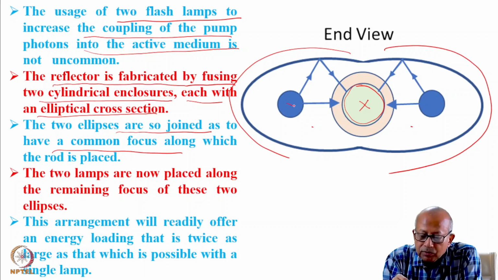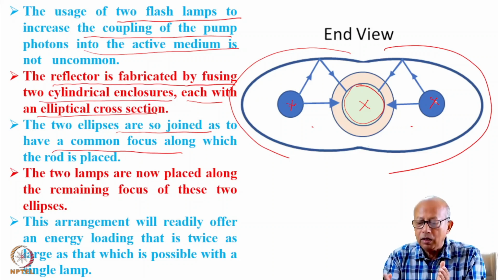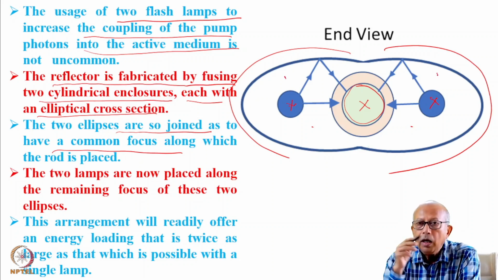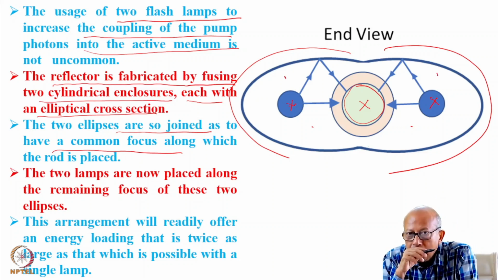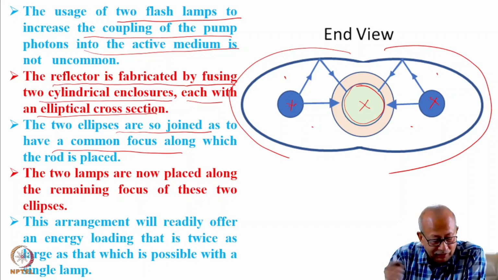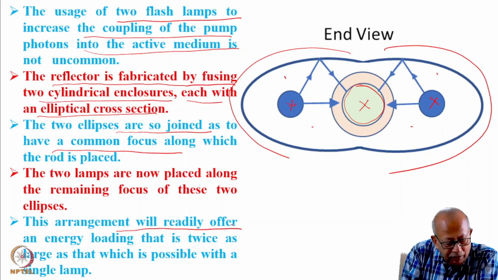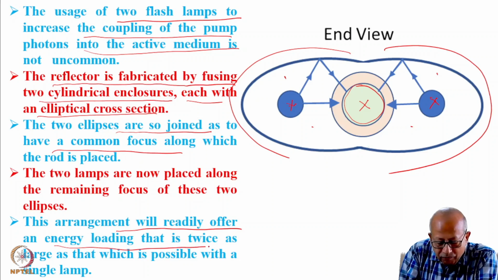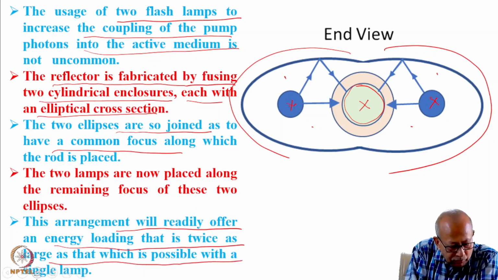The two lamps, these are the two lamps, are now placed on the two remaining foci of these two ellipses. So you can appreciate that this arrangement will readily offer an energy loading that is twice as large as that which is possible with a single lamp.